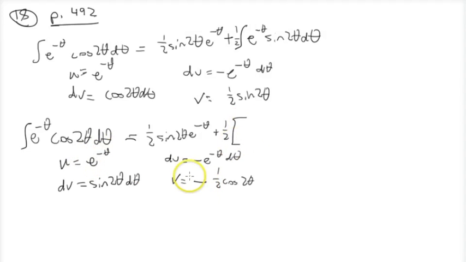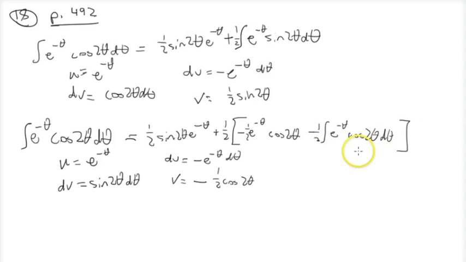So uv is going to be negative 1/2 e to the negative theta cosine 2 theta minus, and now we're going to have our coefficient come out here, v du. Actually, that's 3 negative signs, so the negative sign stays, and we're going to have another 1/2, and that will be e to the negative theta times cosine 2 theta d theta.